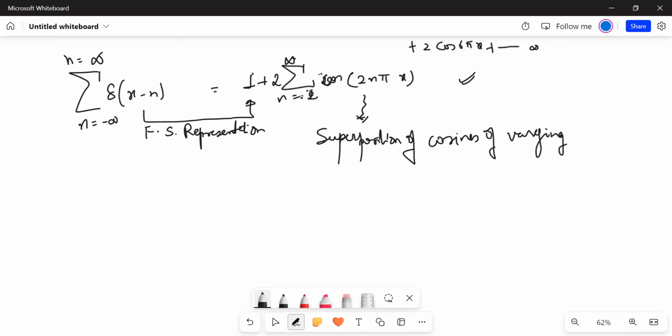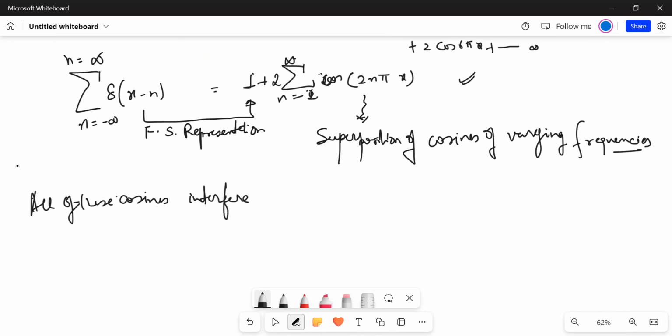By altering n, we are playing with the frequency of this particular cos function. So we are superposing all sort of these cosines of varying frequency, and what we are getting is that all of these cosines interfere destructively.